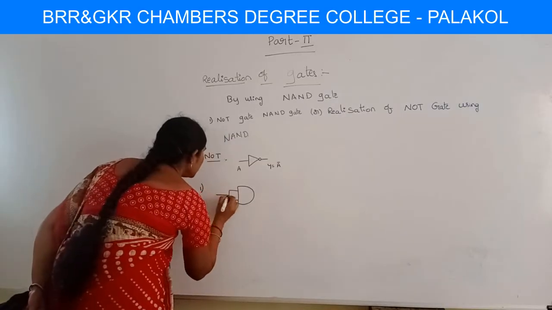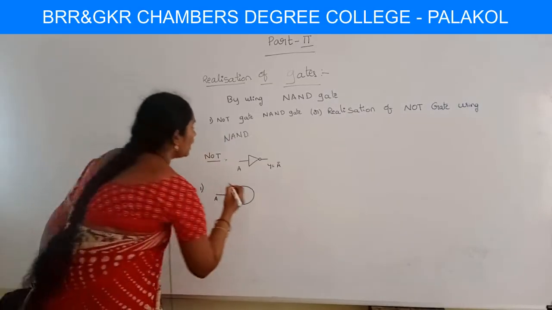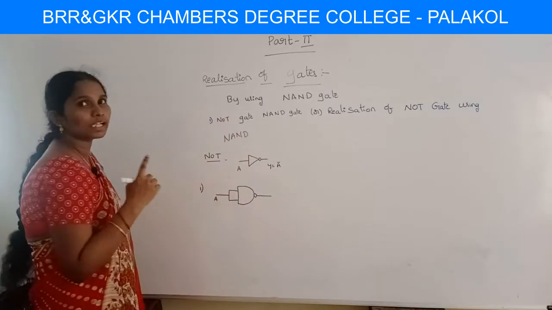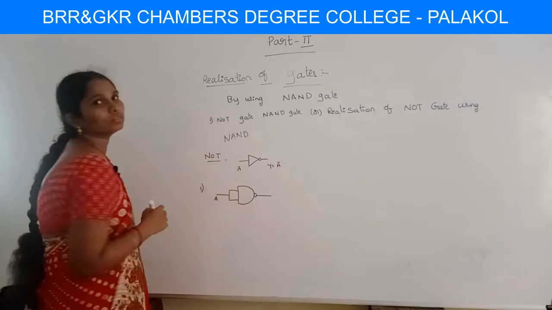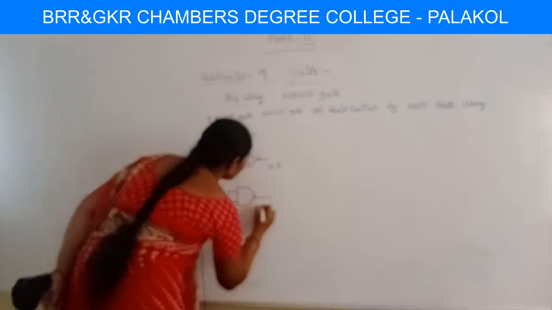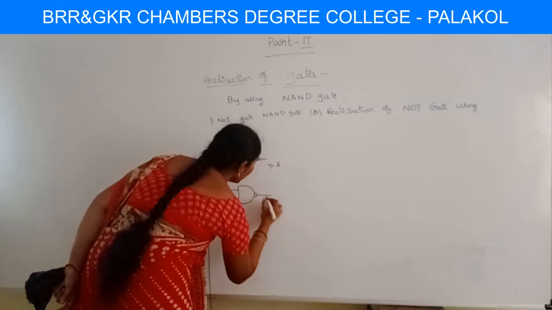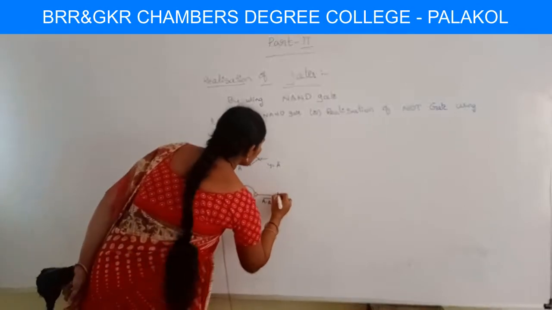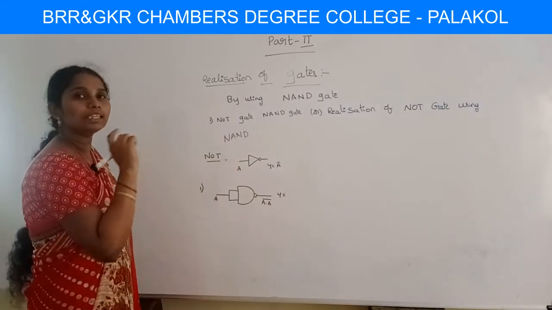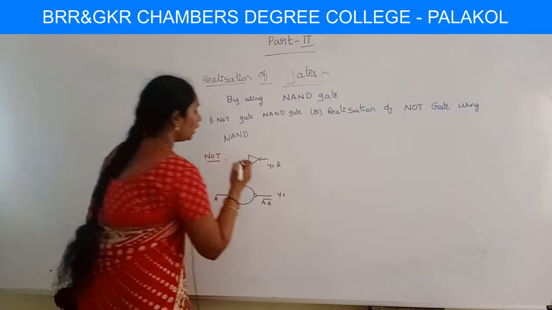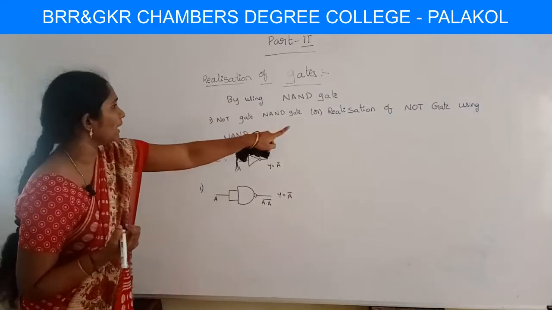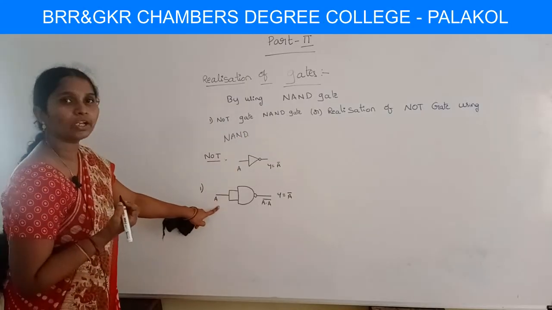So here I apply A, and the NAND gate has a bubble here. The two inputs are the same input. NAND is nothing but AND followed by a bubble, so the output is (A dot A) bar. So y is equal to A dot A, which is equal to A, as already discussed in the Boolean postulates. Therefore y is equal to A bar. So by using the NAND gate, we can implement the NOT gate.